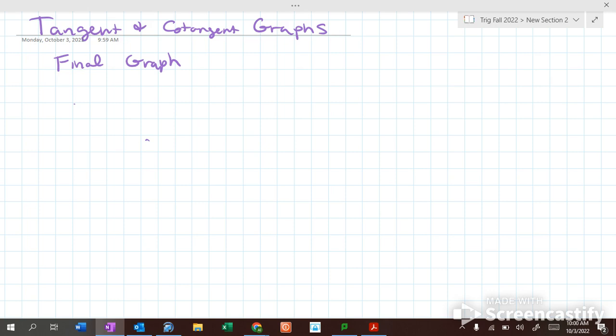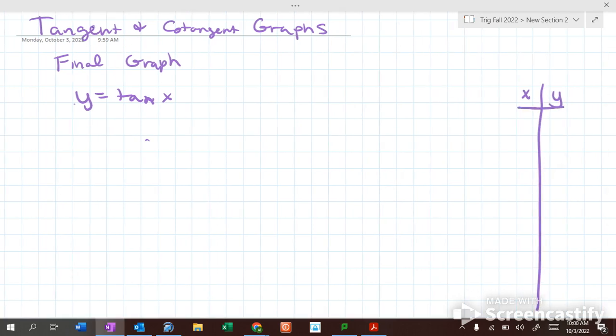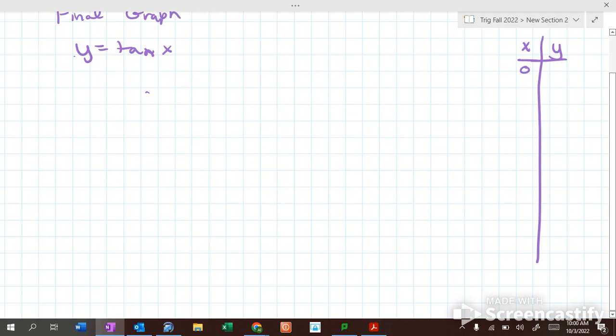All right. So to graph y equals tangent of x. All right. What's the tangent of 0? Ooh, unit circle time. What is the tangent of 0?